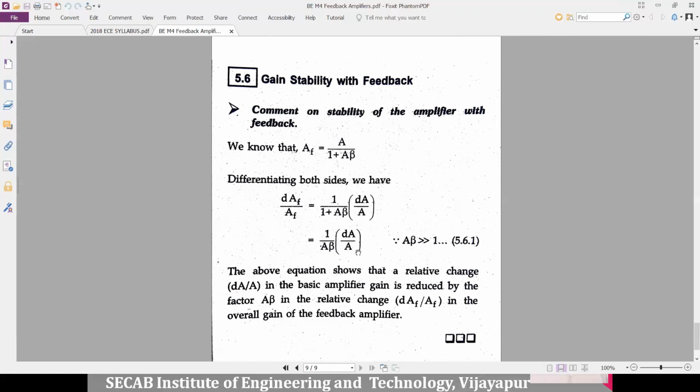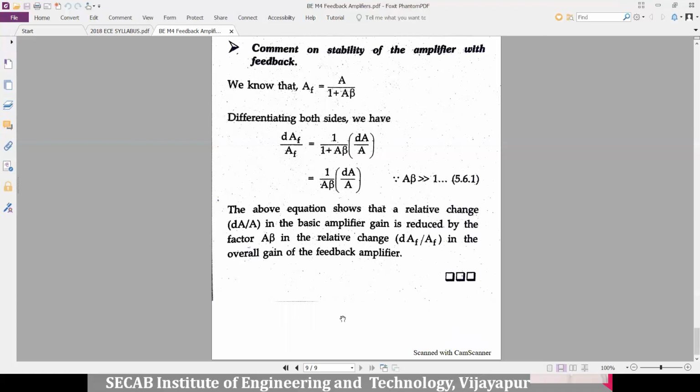The above equation shows that the relative change in gain, that is dAF by AF, in the amplifier with feedback is reduced by a factor of A beta compared to the basic amplifier's relative change dA by A, because we have 1 divided by A beta as a multiplication factor over here. So this is all about gain stability with feedback.